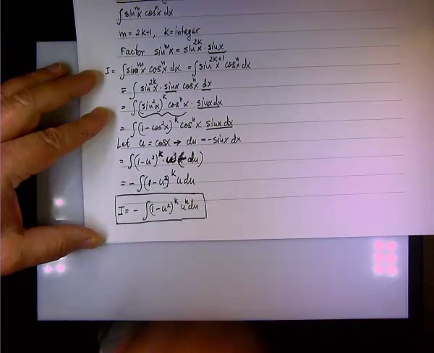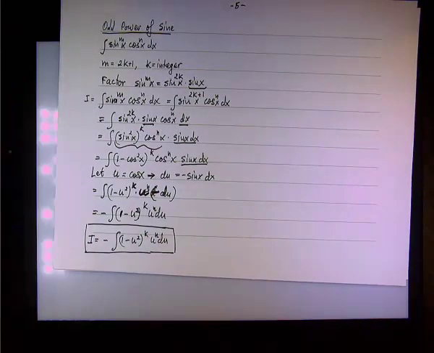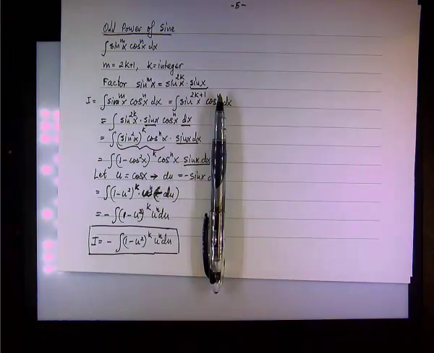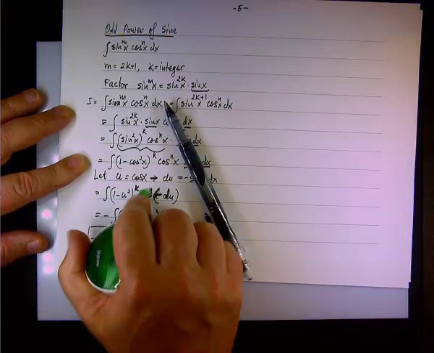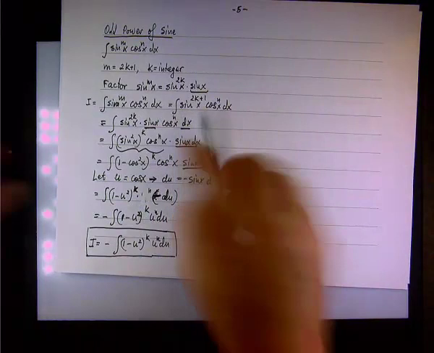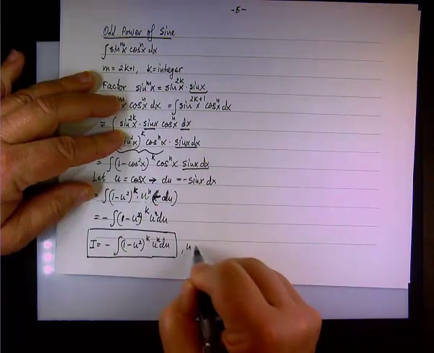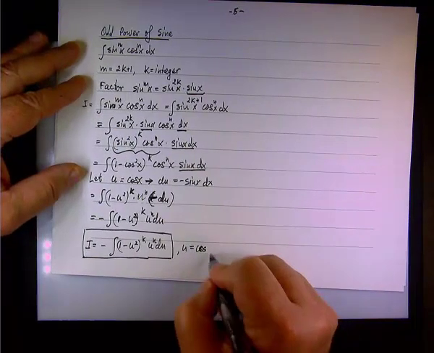Let's box this one. U to the n, I'm sorry, I omitted that. I had a little accident right here. And we need to remember that u is the cosine.